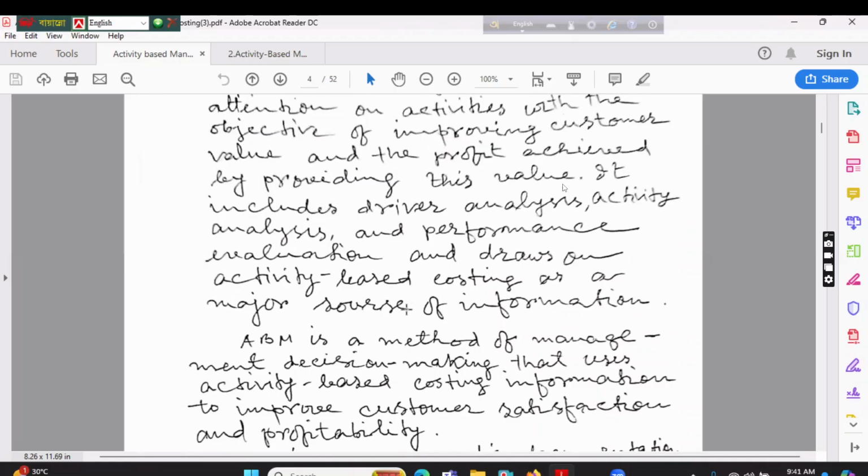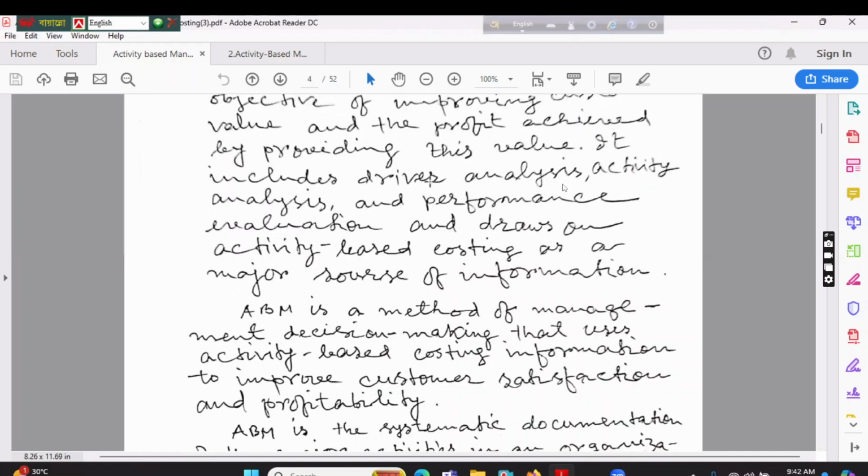In the earlier definition, it was mentioned to improve customer value and the profit. Here it mentions customer satisfaction and profitability. So both definitions are almost the same. Understand?